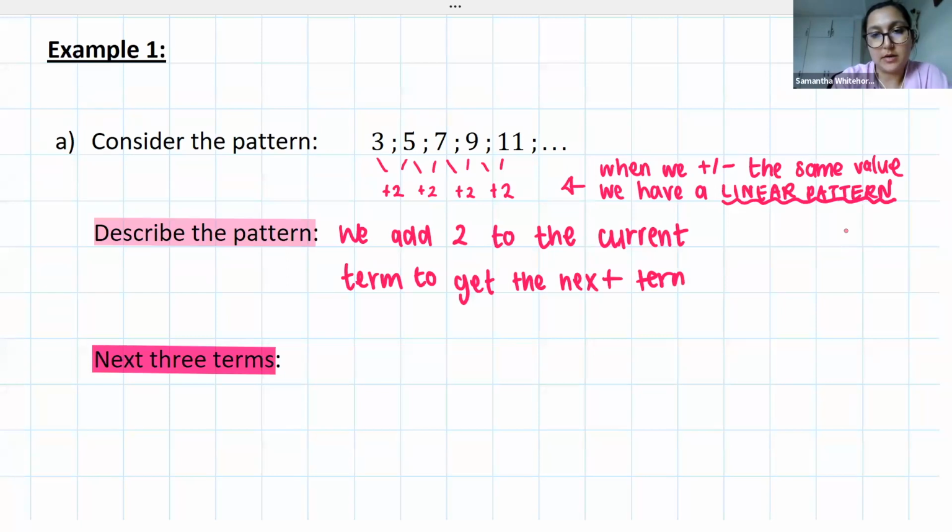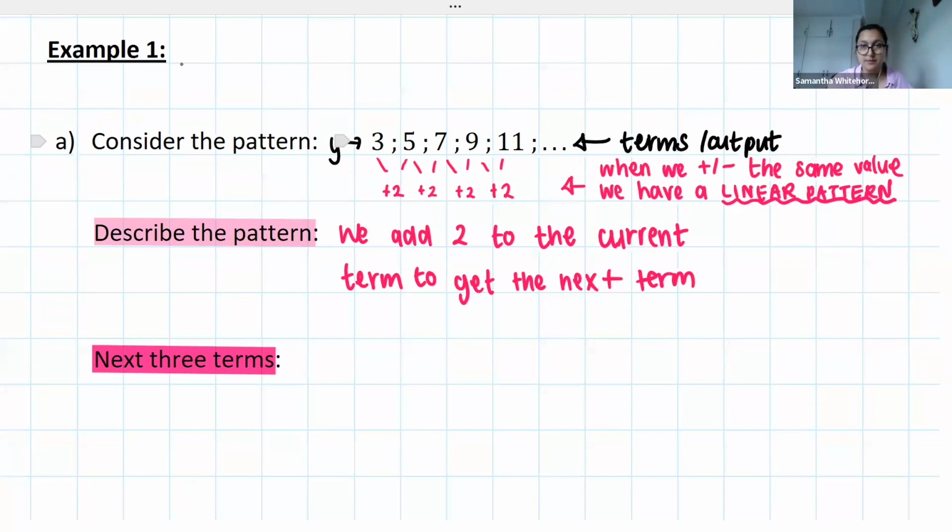Right, now we're going to take a little tangent. I've now introduced a word here, term. Now these values that make up the pattern, these are our terms. Okay, these are also what we call our output values. And so this is the y variable that I was referring to earlier when we talk about outputs.